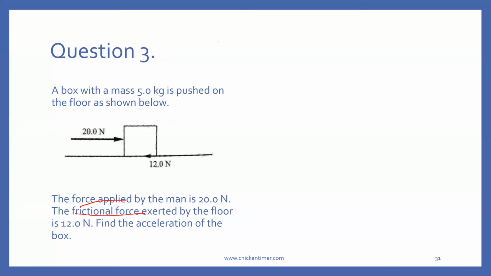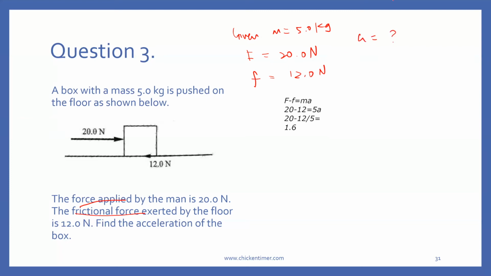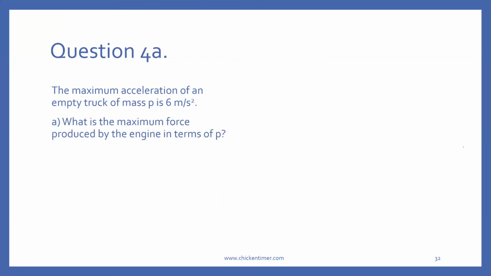Given mass is 5.0, force is 20.0 Newton, friction is 12.0 Newton. Then find a. F minus f equals to MA, correct? Okay, wonderful.